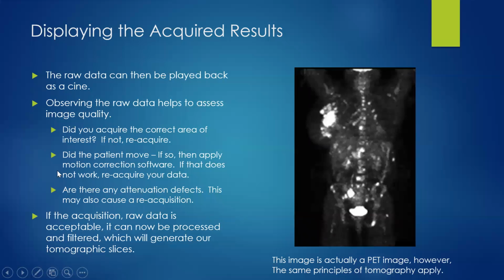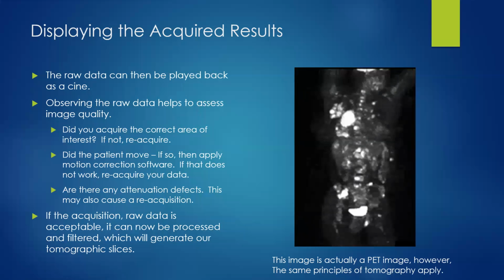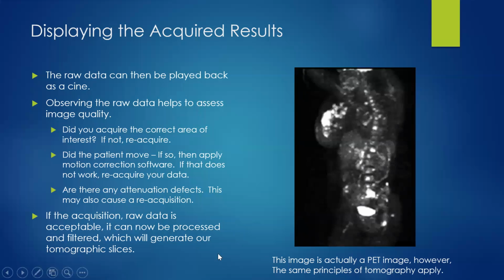And then the third thing is to make sure that there are no attenuation defects, something in the pocket, a necklace around the neck, some object attached to their body, like body piercing. All that material must be removed. If you see that accidentally and you missed it after you acquire it, again, it's probably going to require you to then actually reacquire that data.